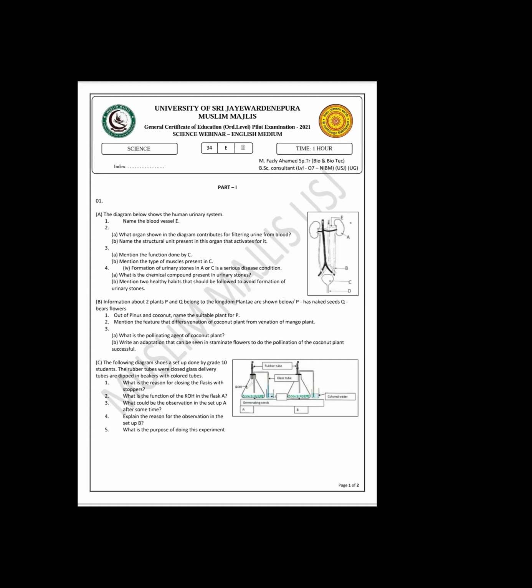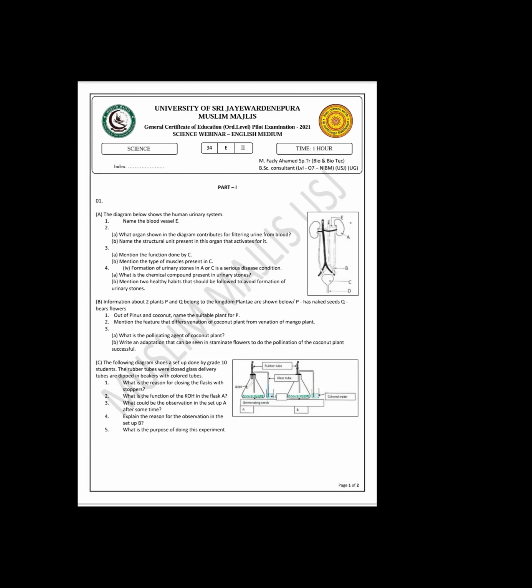They have given that here C is bladder. So the bladder is for storage of urine temporarily. The fourth one: what is the chemical compound present in urinary stones?